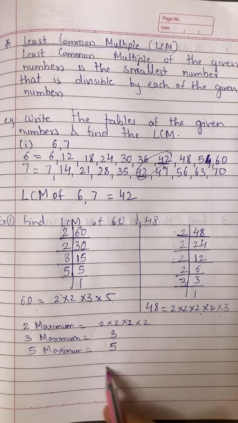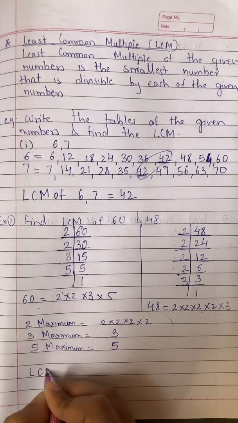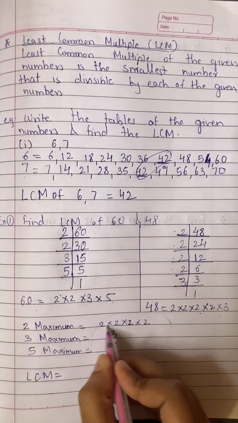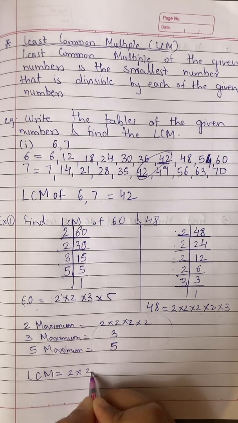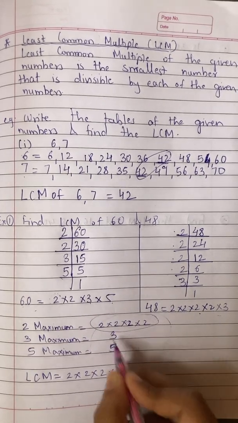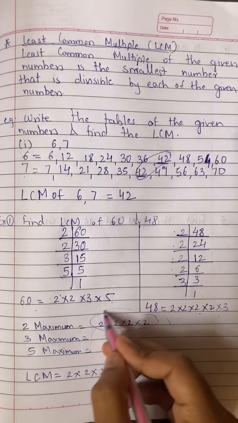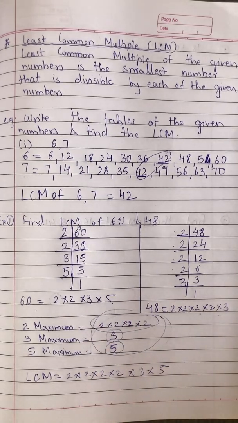Now you have to combine all these numbers to find out LCM. So LCM finally will be equal to 2 into 2 into 2 into 2, that means all this, into 3 into 5. So you combine all these numbers which we have collected and after combining, you multiply.